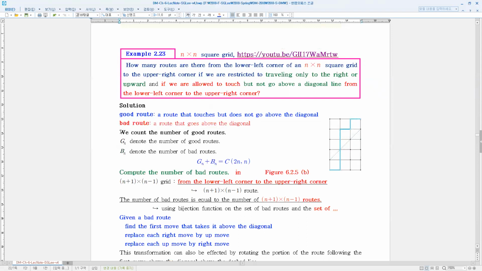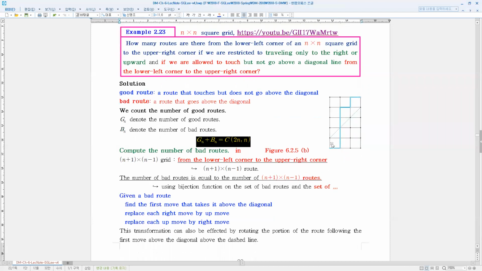We want to count the number of good routes. G_n denotes the number of good routes and B_n denotes the number of bad routes. Then the sum of those two numbers will be 2n choose n, which is all the possible routes from here to here when we have an n by n square.